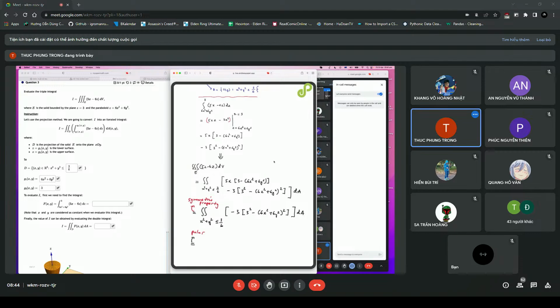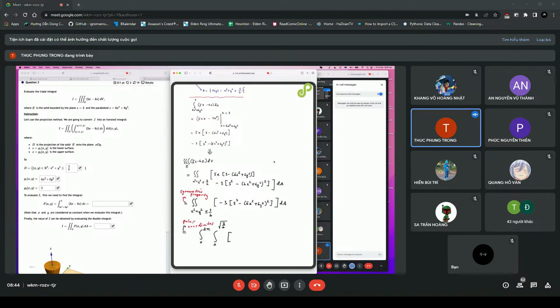And now we have from 0 to 2 pi, from 0 to the square root of 3 over 6. Inside we have minus 3 times 6 r squared. Don't forget the Jacobian: r dr d phi.